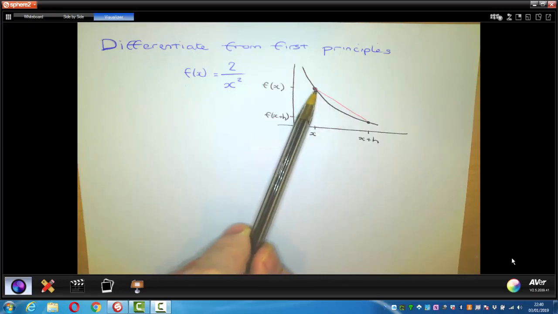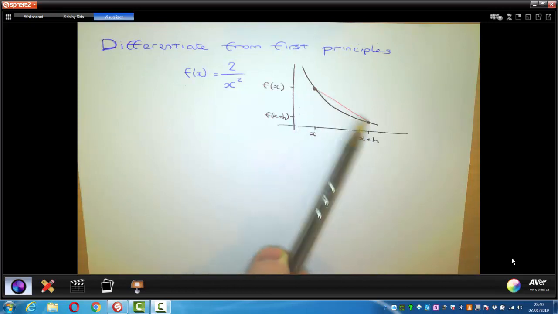But of course, you can see this is not the gradient at the point here.